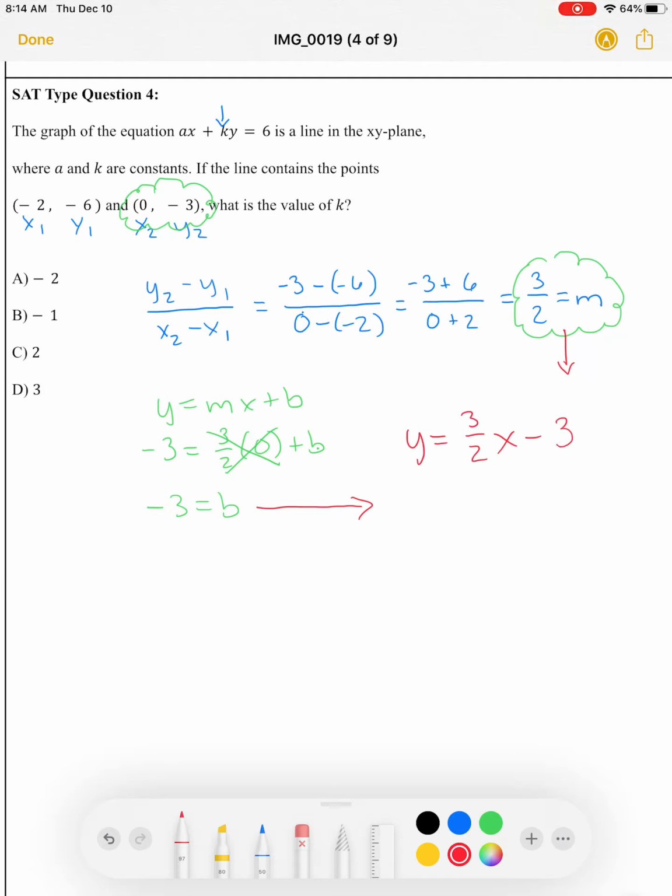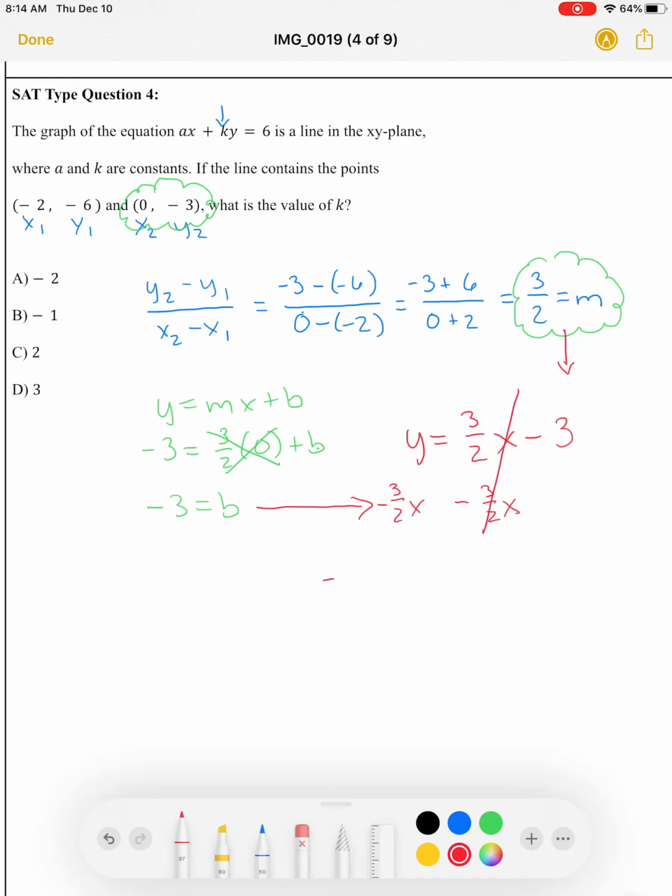In this form, though, it's not very helpful in telling us what the value of k is. We need to rewrite this equation back into standard form to find the value of k, which means we want x and y to be on the same side like it is written above. To do that, we would have to subtract 3/2 x from both sides.